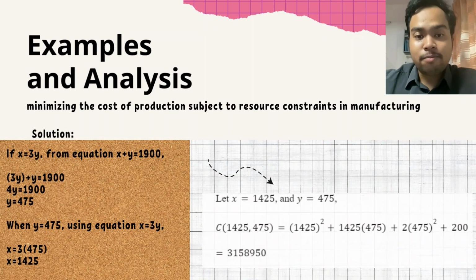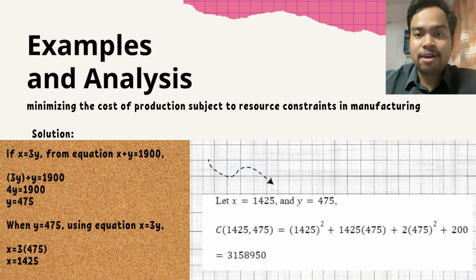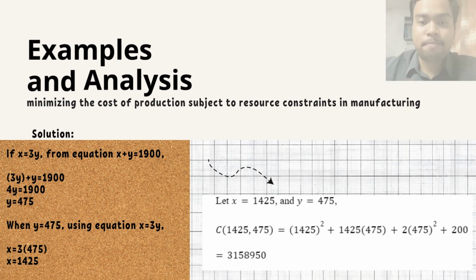By using the substitution method, we can see that y equals 475 and x equals 1,425. So if we put x and y into the C equation, we can get 3,158,950.